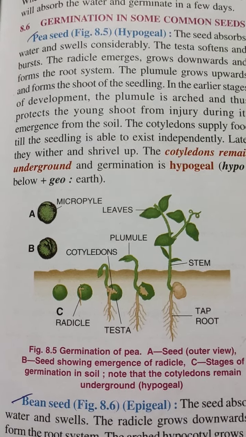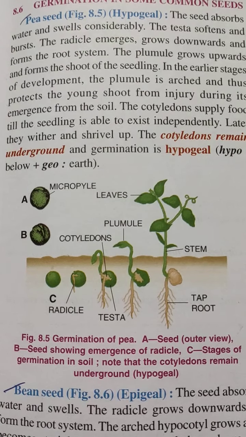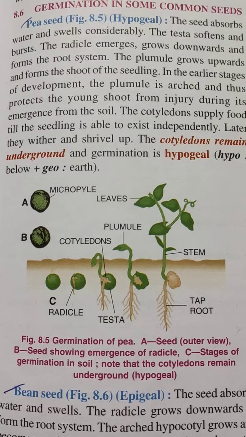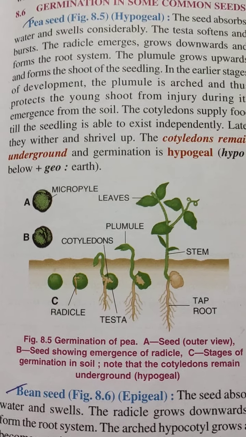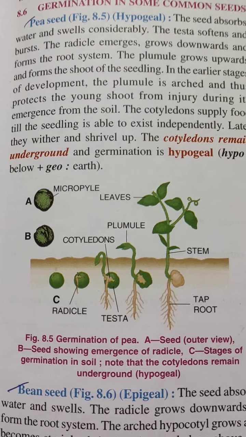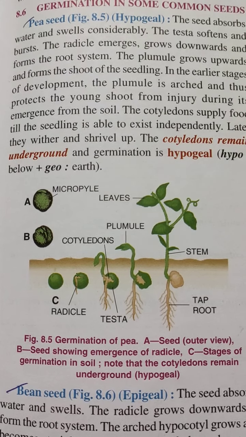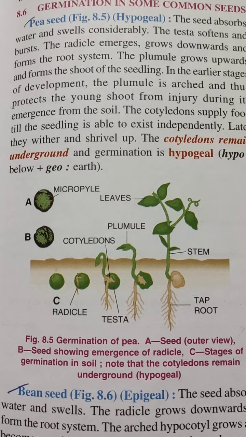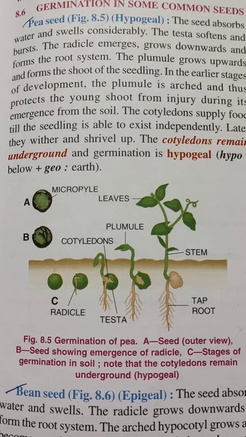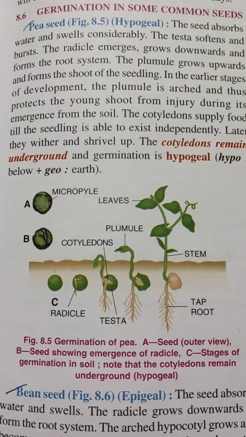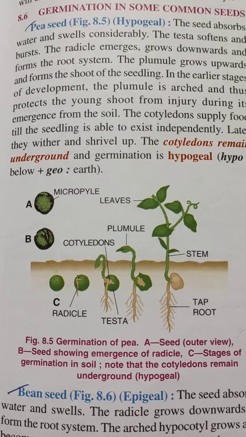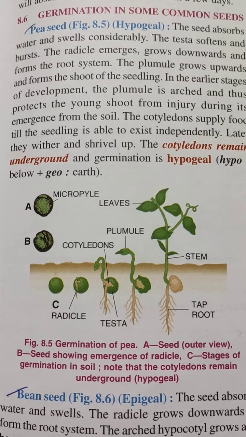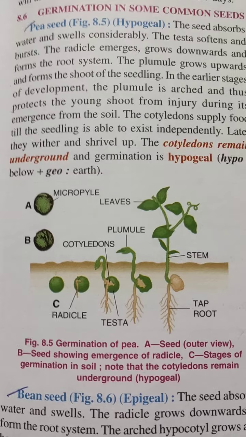So we can see here in the diagram that the radicle is emerging. And then the cotyledons are remaining inside the soil and the radicle is giving rise to the root system, here in this case the tap root system, and the young shoot is coming out from the plumule which is growing upward above the soil, and germination is occurring.